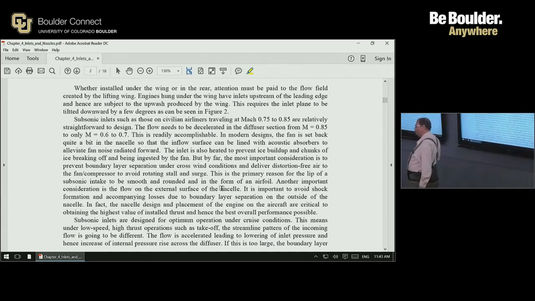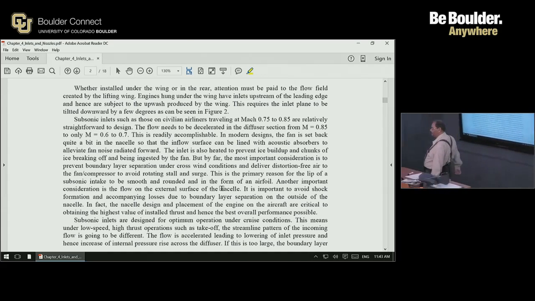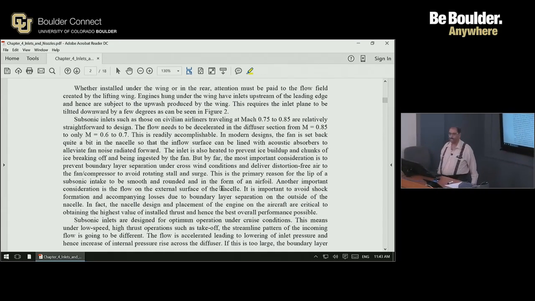Now, the problem with ice in inlets is that if you allow it to build up, thick chunks of it may break apart and, of course, can be ingested into the engine and damage it. So you have to have provision for heating the inlet and preventing buildup of ice.